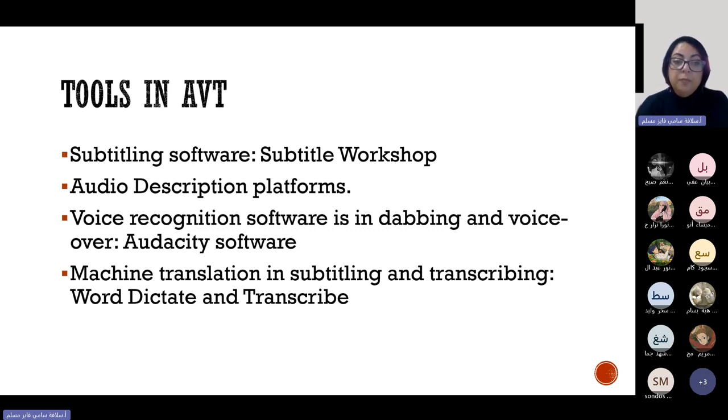And some of them are very expensive, so they can be afforded only by the TV channel or the government, okay, some rich individual who owns a TV channel. There are free tools on the internet. They are not as sophisticated as the very expensive ones, but for the purpose of teaching, of improving your skills, of anything you want to do, you can use them freely.